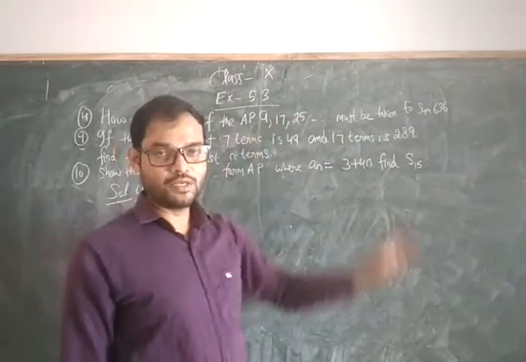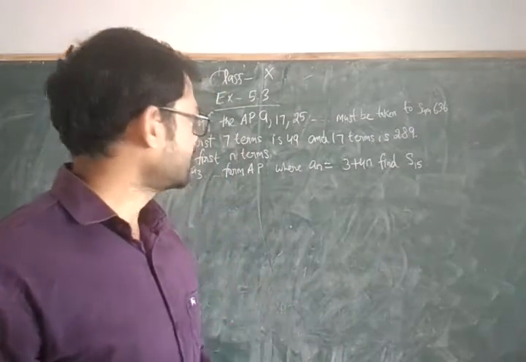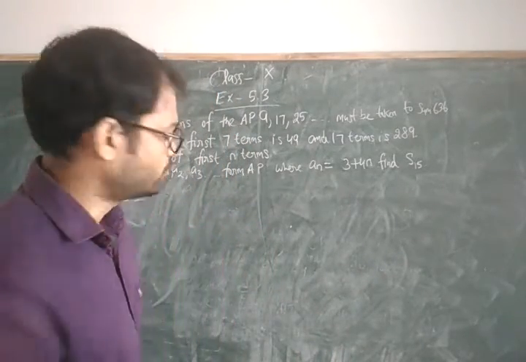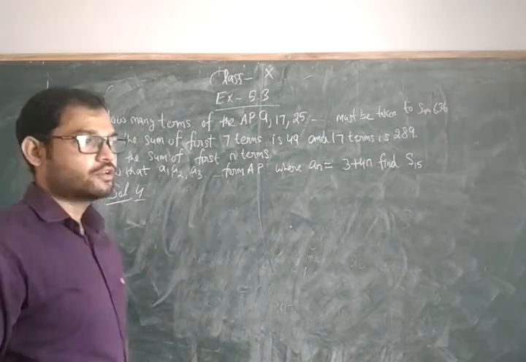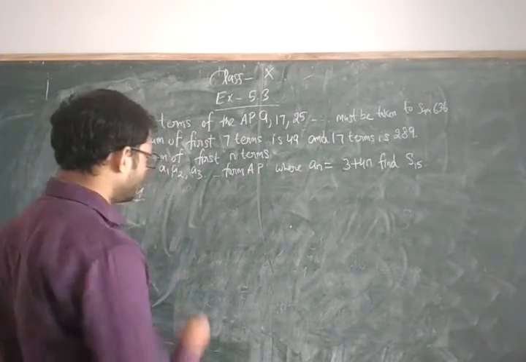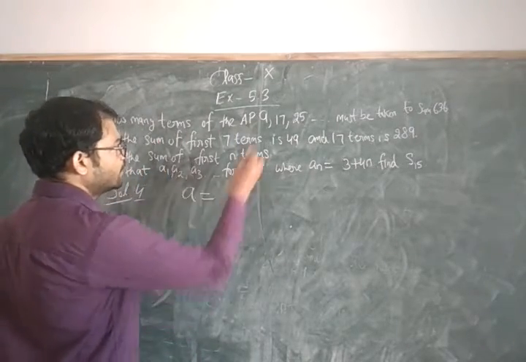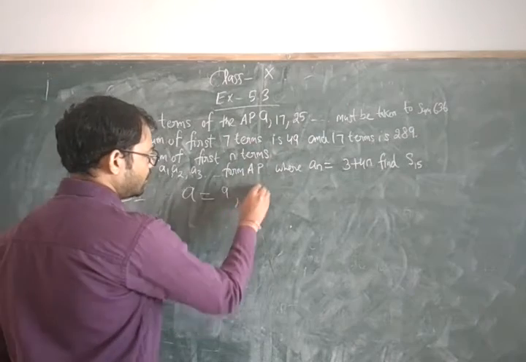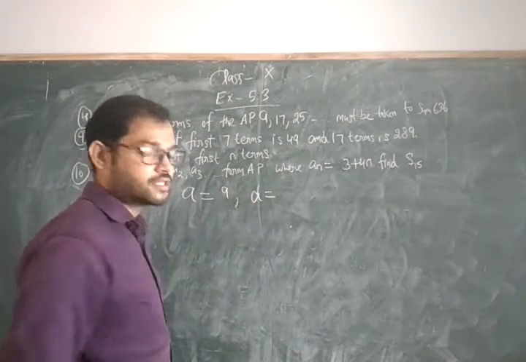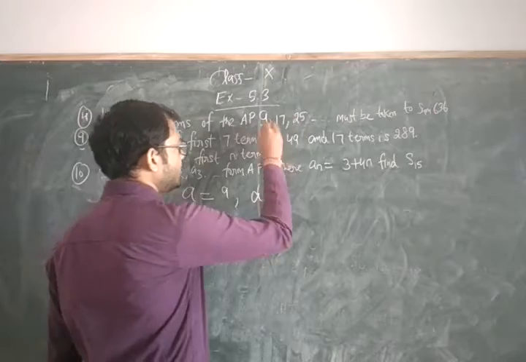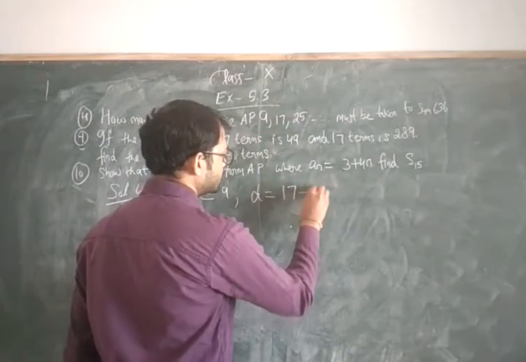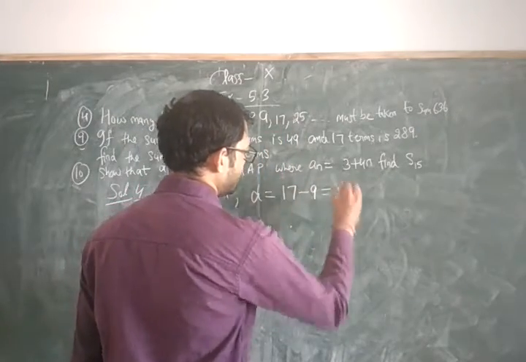So we have the given AP, that is 9, 17, 25 and so on. From an AP we always know two things. One, the value of a, which is 9, and second is d, the common difference, which will be 17 minus 9, that is 8.